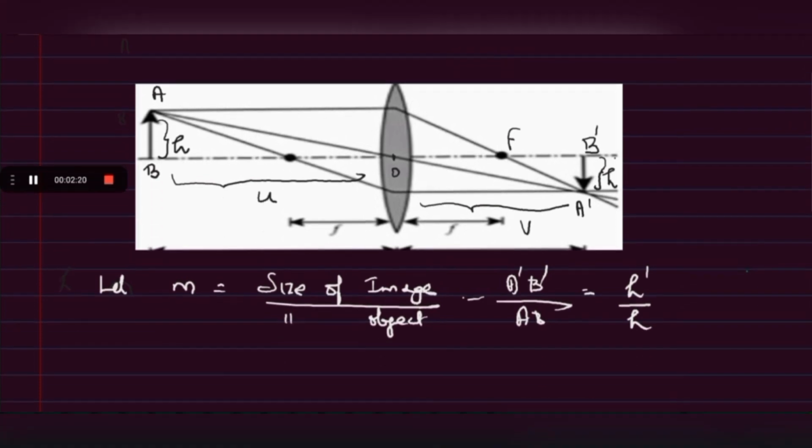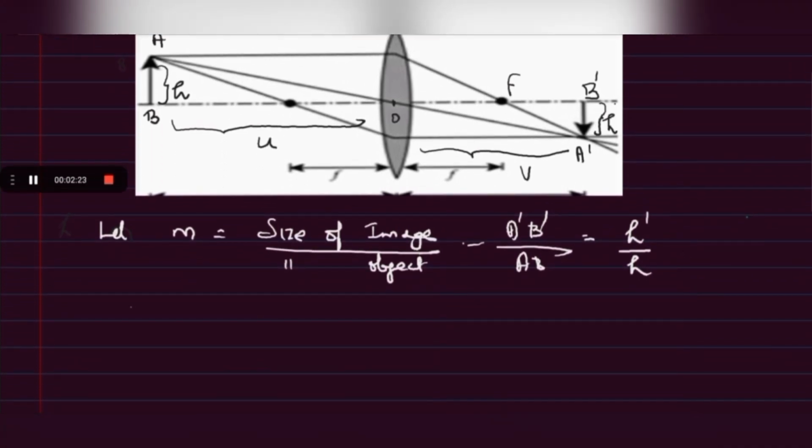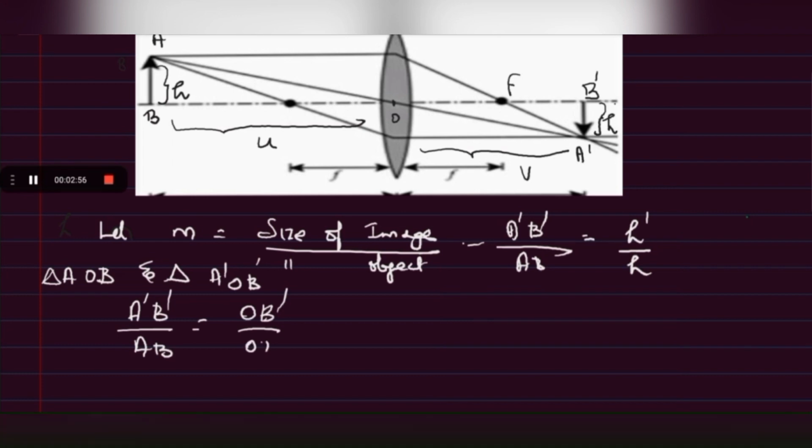Now let us talk about the magnification in this way, like A dash B dash divided by AB. If you apply the similar triangle concept to the triangle AOB and the triangle A dash OB dash, by applying the geometrical concept, A dash B dash divided by AB is equivalent to OB dash divided by OB.